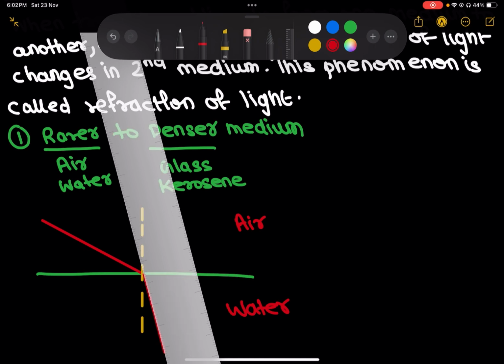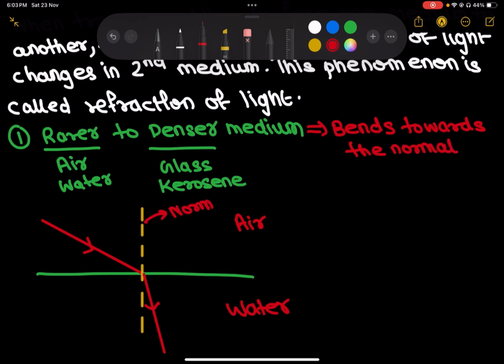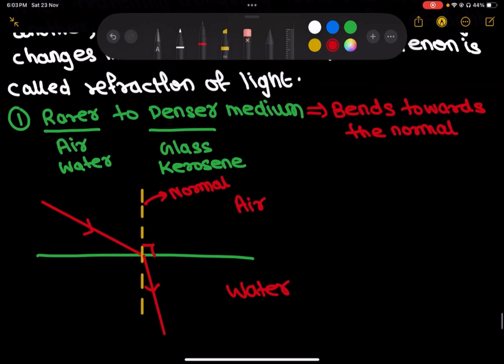Remember this: when a light ray travels from rarer to denser medium, it bends towards the normal. I hope you understand what the normal is. This is a normal, a perpendicular drawn at the point of intersection of the interface and the light ray. Understood? So this is the first case: rarer to denser bends towards the normal. The second case is the exact opposite.